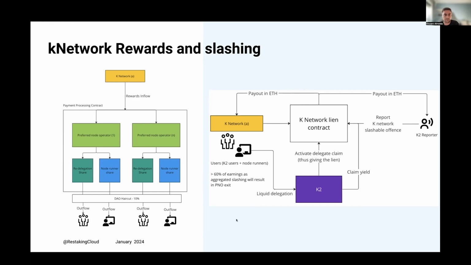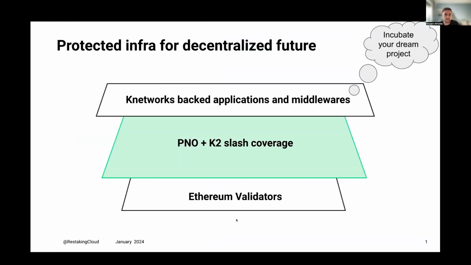That's pretty straightforward, really. So this goes into what you were saying, right, Matt, about building applications. There are these layers, and you can build your own applications on top of that. So you have P&Os with slashable coverage, and then the applications and middleware on top of that, right?